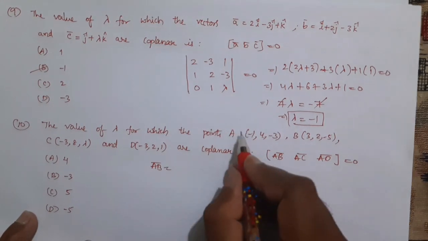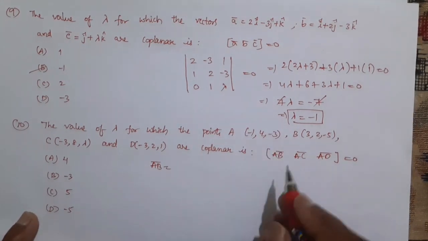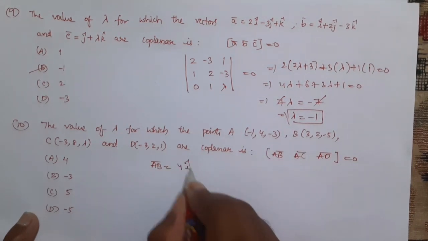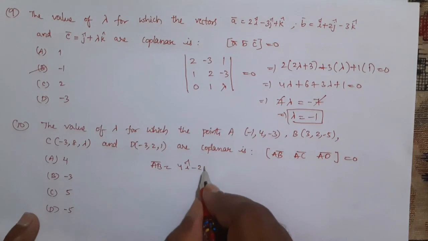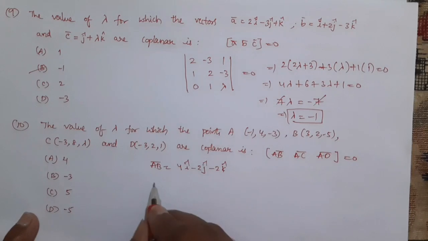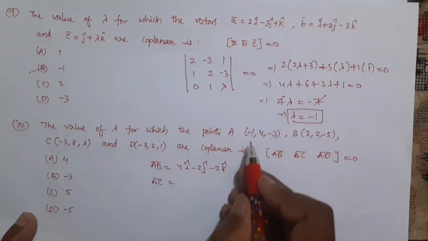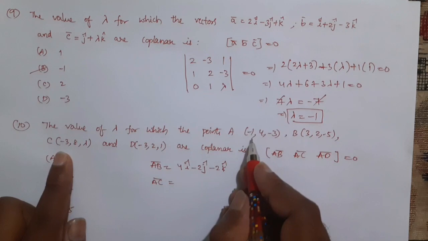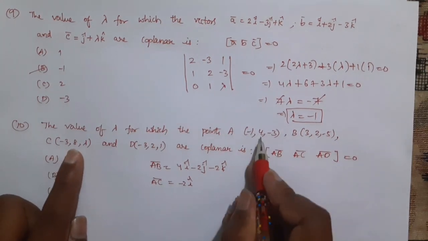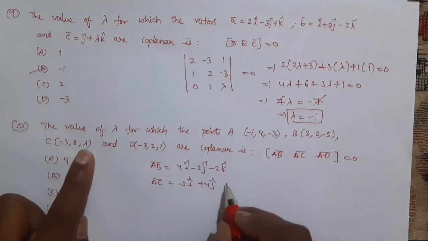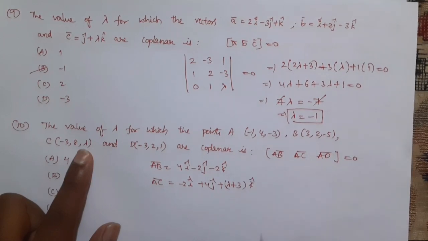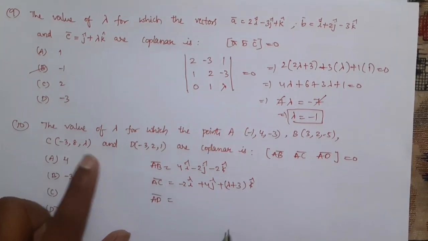As these are position vectors, we will consider them as OA bar like that. 3 minus of minus 1 is 4i cap, and then 2 minus 4 is minus 2j cap, minus 5 plus 3 is minus 2k cap, and then AC bar is minus 3 plus 1, minus 2i cap, and then 8 minus 4 is 4j cap, and then lambda minus of minus 3 is lambda plus 3 into k cap, and then AD bar. What is AD bar?